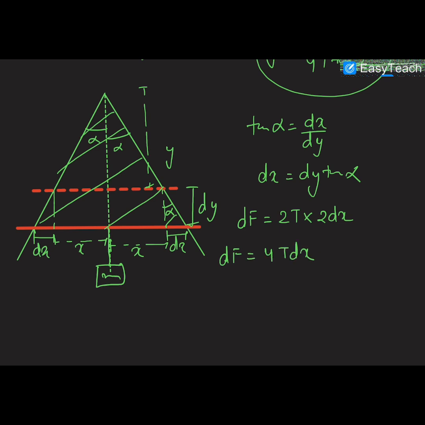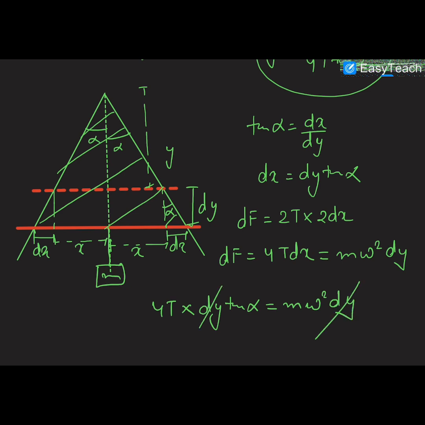and this force will be responsible for SHM, and it would be equal to m omega square dy, where dy is the additional displacement which we have given to the wire. So dF is 4T into dx, which is dy tan alpha, and that is equal to m omega square dy.